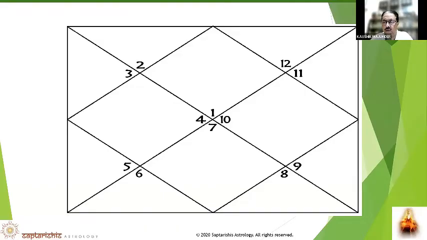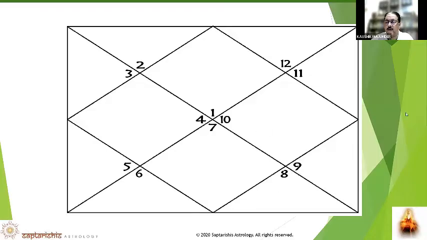I just want to show the style of the horoscope. This is a North Indian style, where the number 1, the first diamond over here, is Aries, and then it's Taurus, Gemini, Cancer, Leo, Virgo, Libra, Scorpio, Sagittarius, Capricorn, Aquarius, and Pisces.